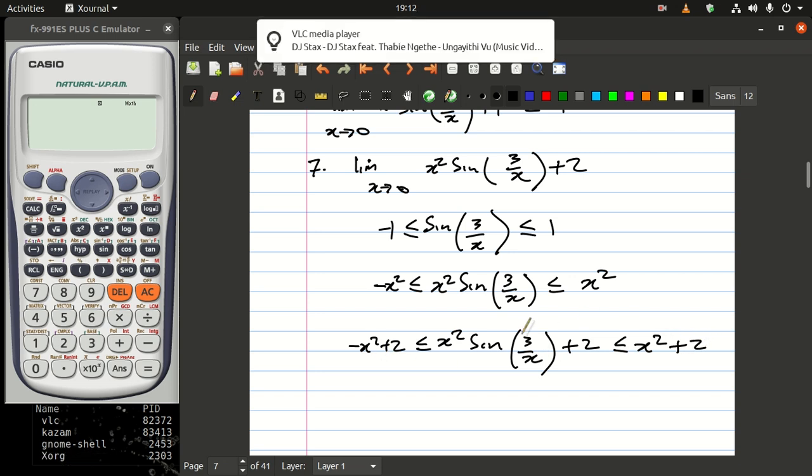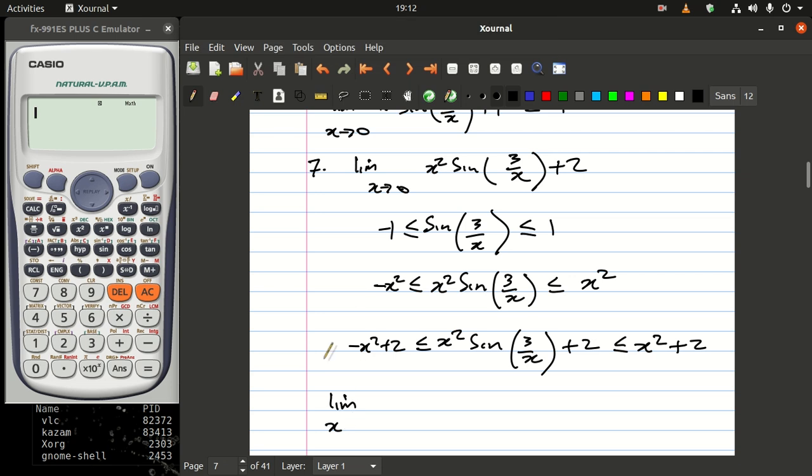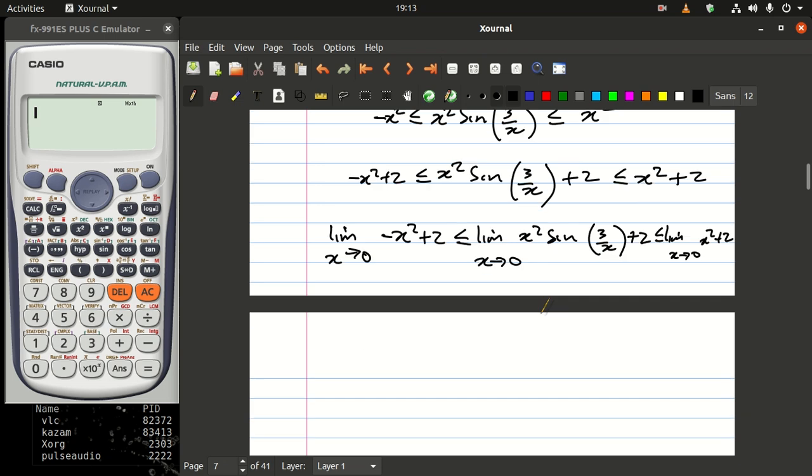Now the next thing is to find the limit as x approaches 0 of minus x squared plus 2, which must be less than or equal to the limit as x approaches 0 of x squared times sine of 3 over x plus 2, which must be less than or equal to the limit as x approaches 0 of x squared plus 2. When I plug in 0, I get 0 plus 2, so I get 2 less than or equal to the limit of x squared sine of 3 over x plus 2, less than or equal to 0 squared plus 2, which is 2.